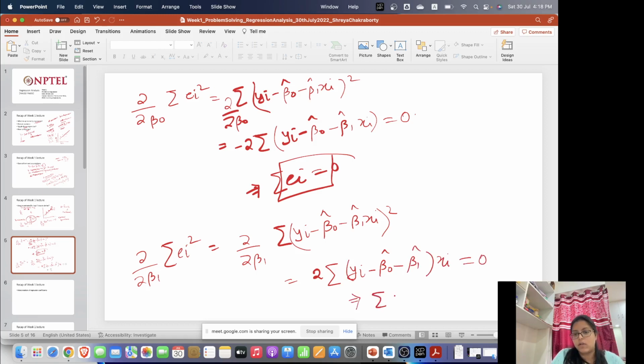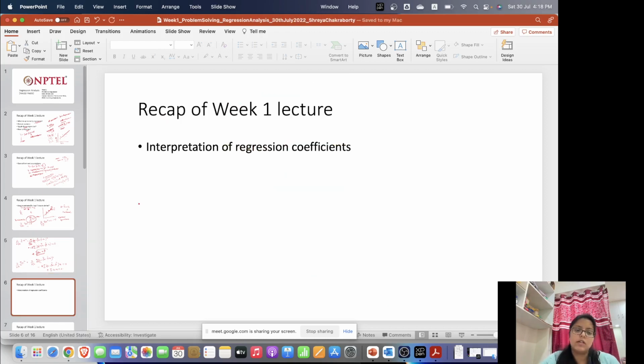So the second normal equation is summation ei xi equal to 0. I hope this is clear. So next I'll move on to how do we interpret regression coefficients.